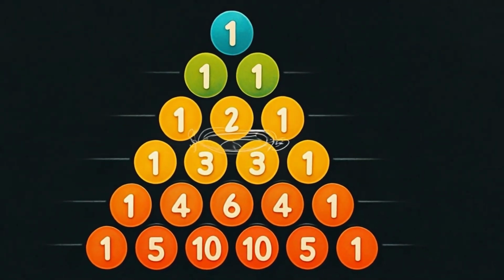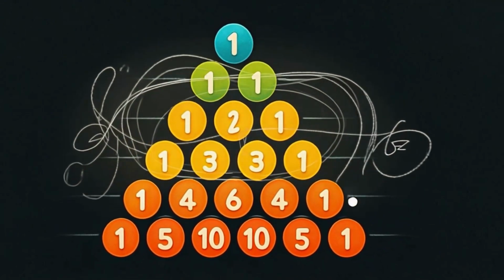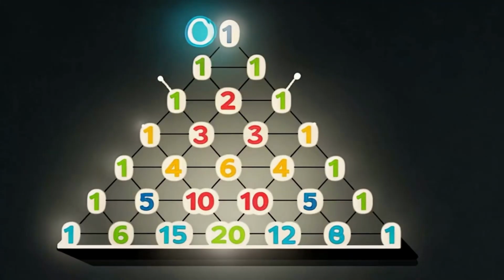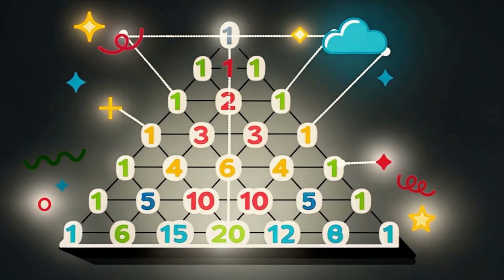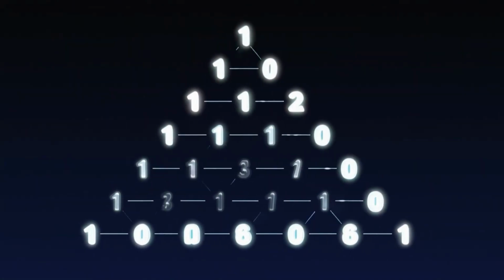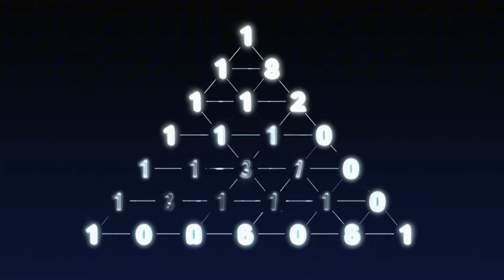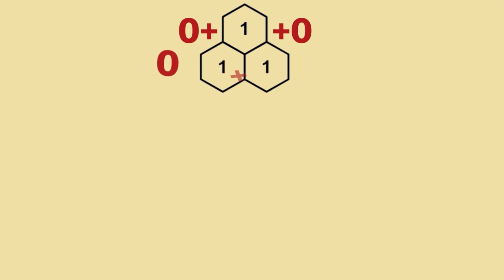Now, let's move to the first secret of this triangle. The first secret is not hidden in complicated formulas. It is hidden in the structure itself. This triangle builds itself. Imagine placing an invisible 0 just outside the edges of every row. Now take any two adjacent numbers in a row and add them together.